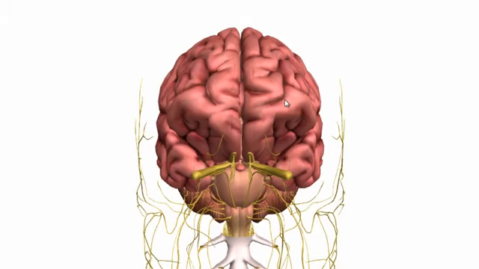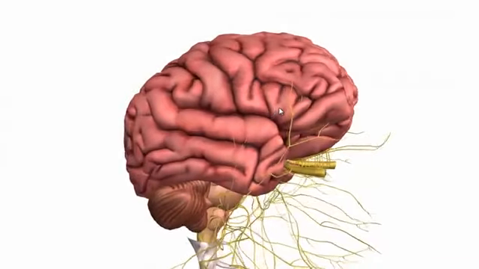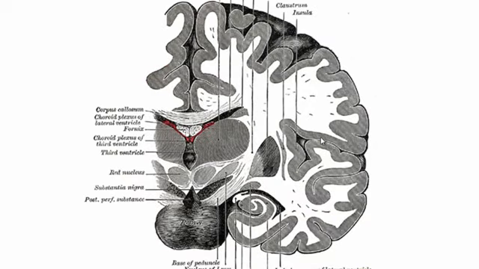So I'm just going to rotate the brain around, and I'm going to switch to a diagram to illustrate the cerebral cortex. Imagine just cutting the brain through this axis here. So we're going to take a slice of the brain down here. We're looking at this cross section of the slice we've just taken.